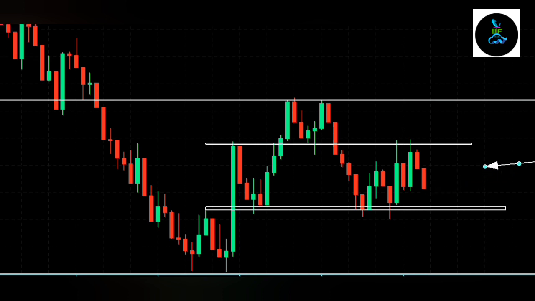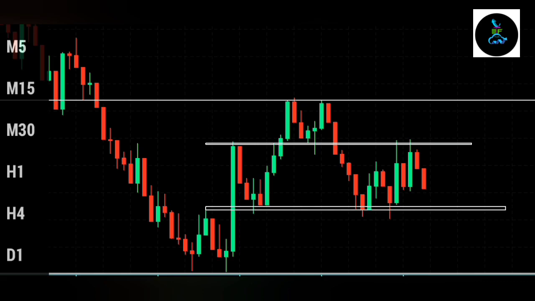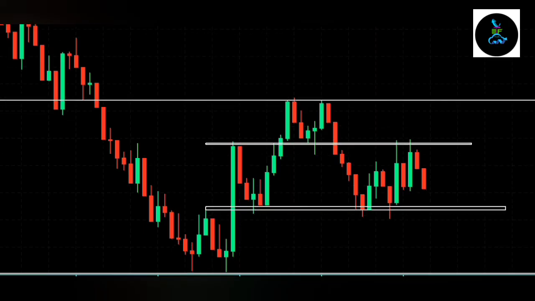Now we're going to show you why the market is trending up, and you get the real picture of the uptrend. So here you have to place a support trend line, because it will give you the real picture of the uptrend market at this level.